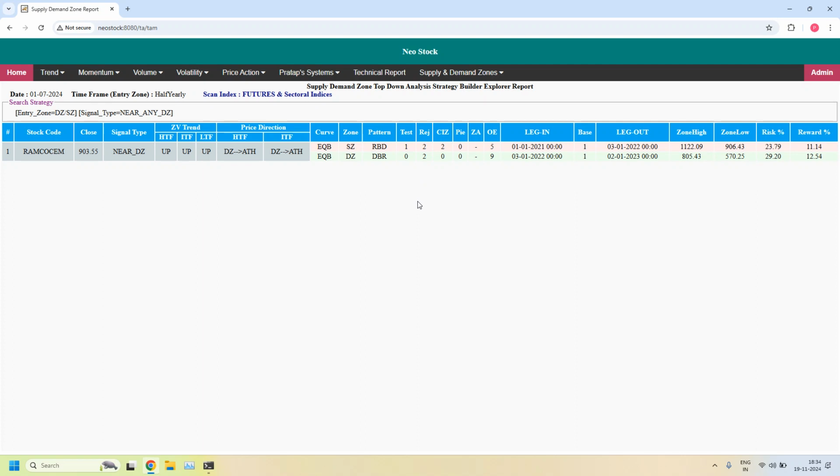And also remember, all these zones are based on the equity charts. So you need to draw the zones in the equity charts, not in the futures charts. Never draw the zones on the futures charts. Whenever the price reaches the zone in the equity chart, at that time, whatever the price is in the futures, with that price you can take the trades.